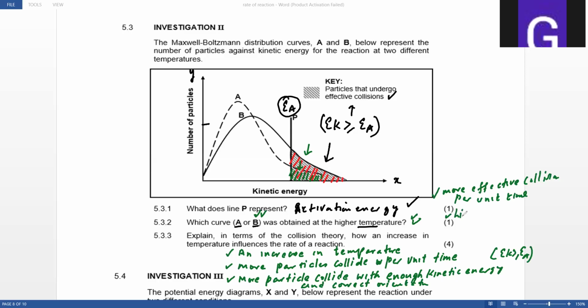Hence, faster reaction rate. But what is actually important is to talk about the number of particles that are colliding per unit time, the effective collisions per unit time, and also the issue of enough kinetic energy.